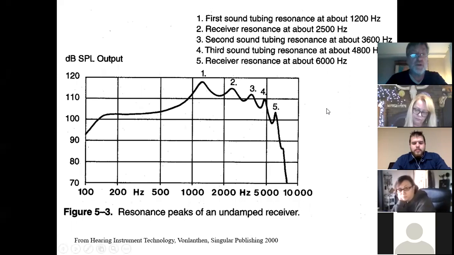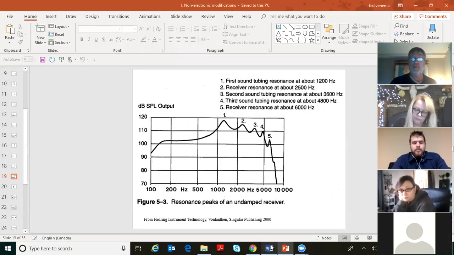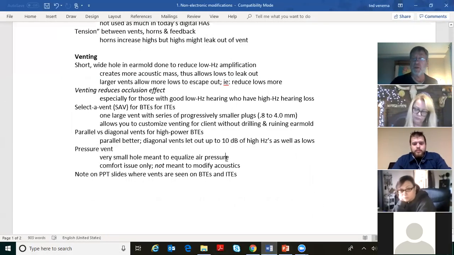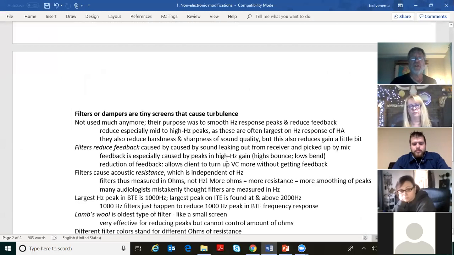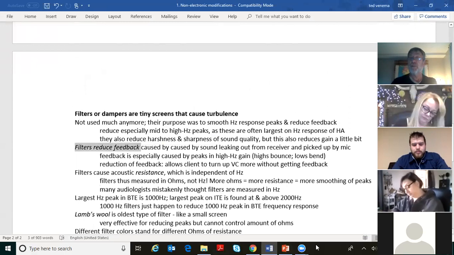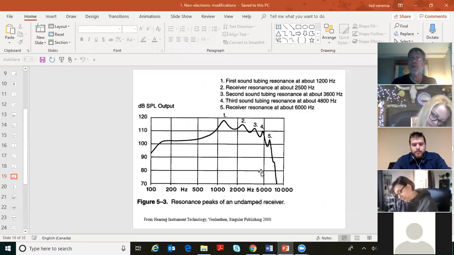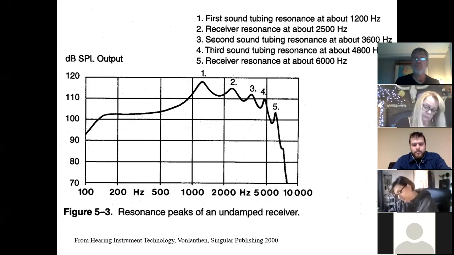So now going to our good old Microsoft Word stuff here. Filters are not used that much anymore, so we won't spend a lot of time on filters. Filters were used because of this. They reduced feedback. And if you look at what feedback is from, have a peek at this picture here.